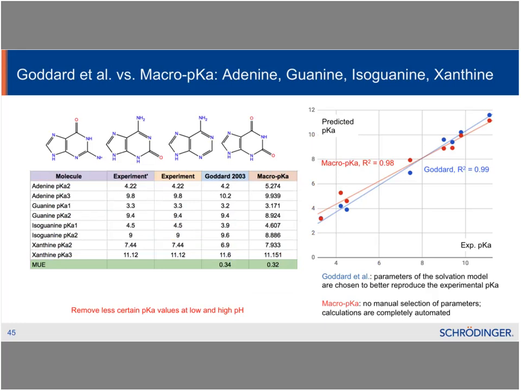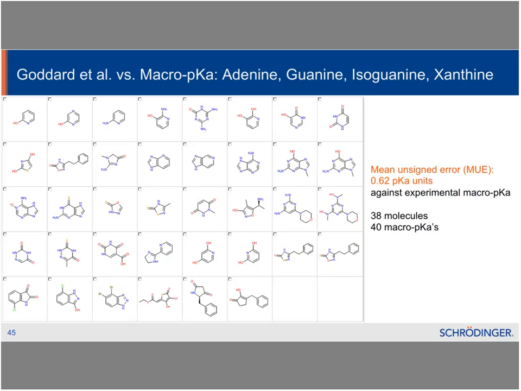So I would conclude that macro pKa does an excellent job figuring out all the tautomers, conformers, launching all the calculations in a black box manner, and finally printing the macro pKa result, and of course all the populations of all the tautomers.